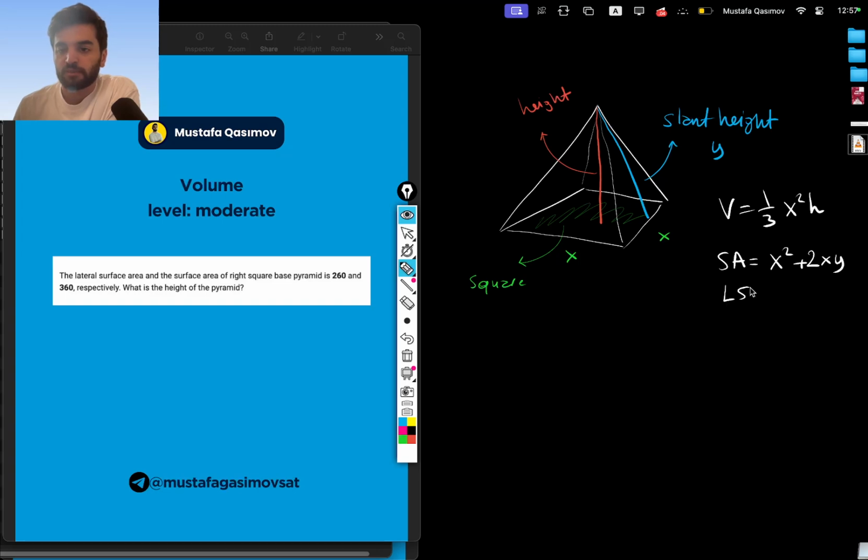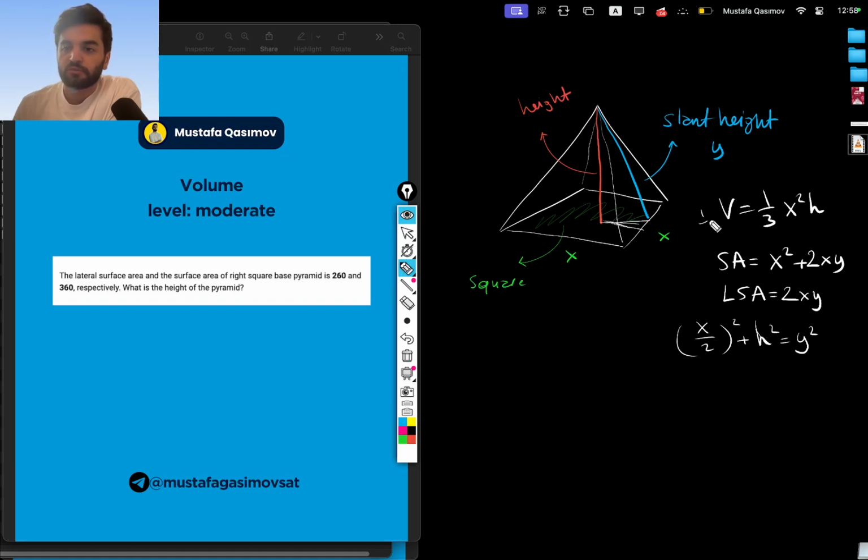And we also have lateral surface area. It is equal to the surface area minus the base. It is just the 4 triangular faces, so it is 2xy. And the last thing I want to add here, you can see that we can create a triangle here. It is x/2, h, and y. So from here we can write x/2 squared plus h squared is equal to y squared.